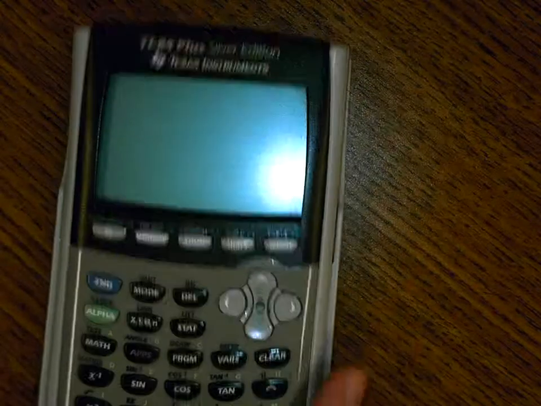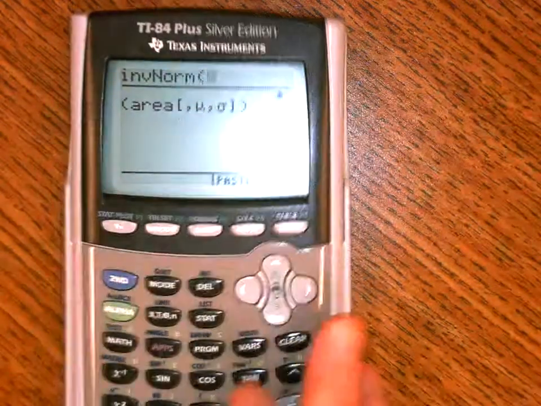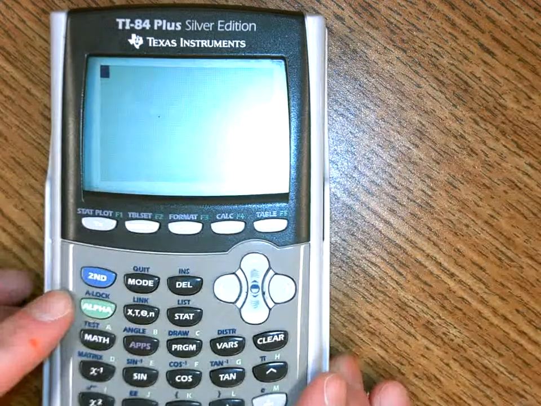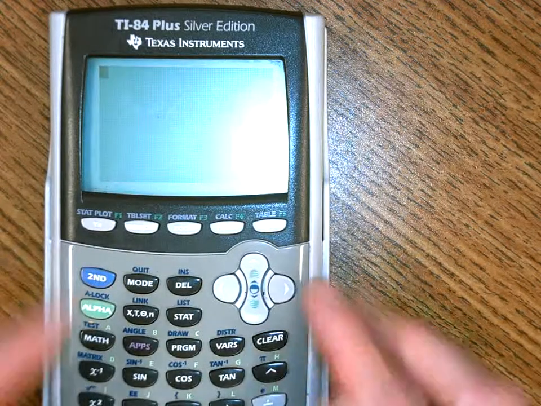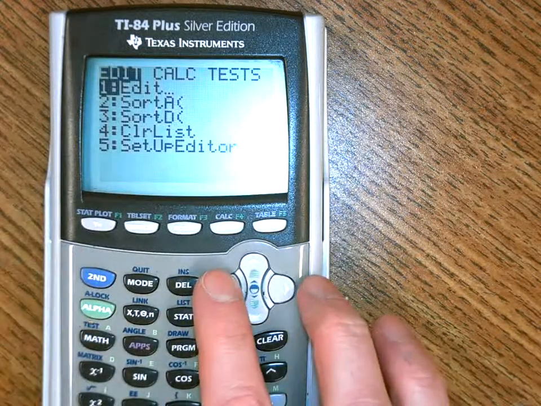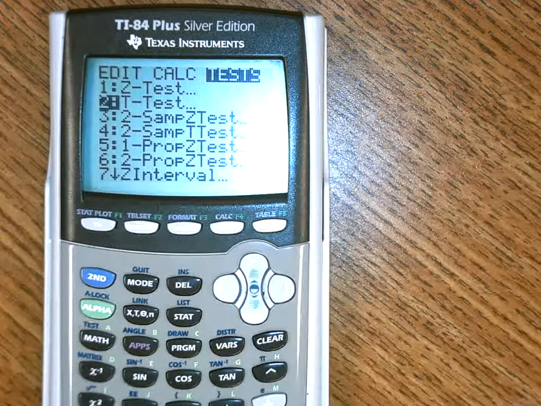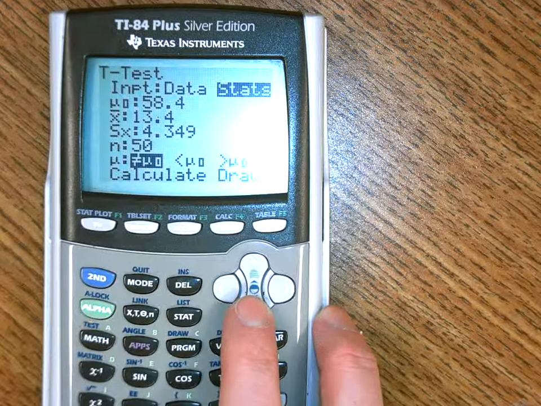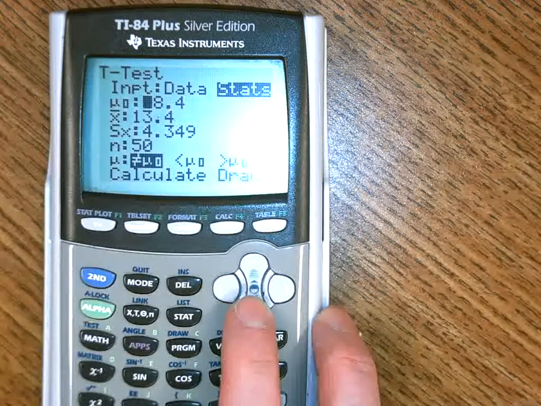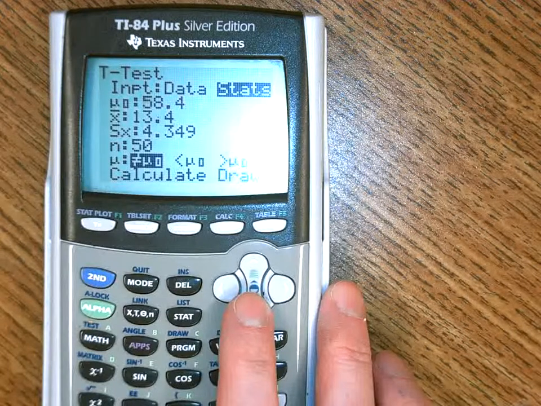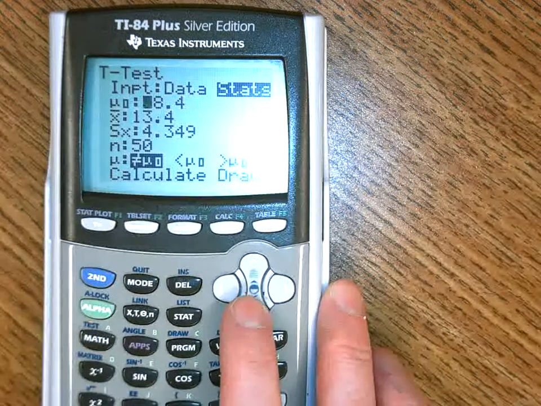So, looking at my calculator, I have stat, I'm doing a test, and I want a t-test since I'm talking about means. I have statistics given to me in the problem. Mu sub 0, that's your H0, 58.4.